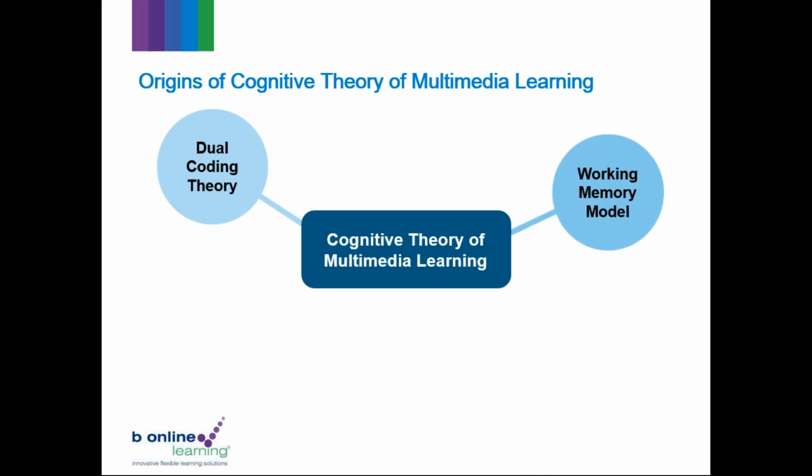There was Baddeley who looked at working memory, which we'll talk a bit more about in a second, and then Sweller's cognitive load theory. So Mayer's built on those theories, and those ones are worth a look if you're interested, and he's created this multimedia learning theory specifically for this particular context. So it was built on those sorts of things.